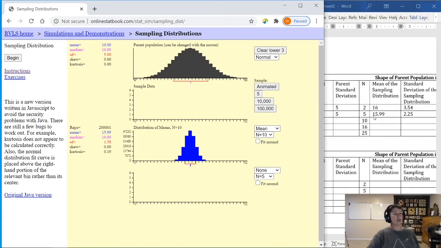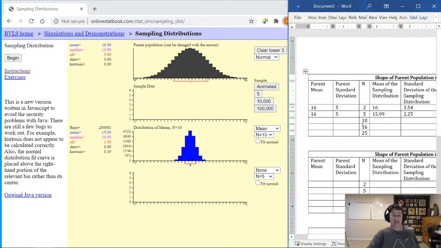It too is right there at 15.99. I'm going to write it down just for us to look at it again later. And then notice that the standard deviation this time got a little smaller. We're at 1 and 58/100ths. So our parent mean, though, didn't change, and our standard deviation from that parent distribution didn't change.